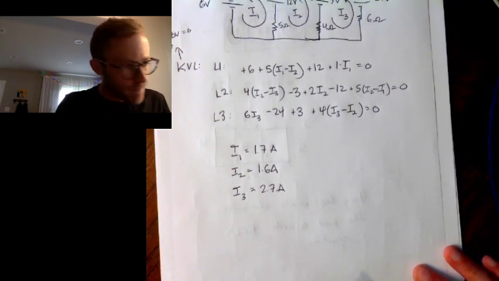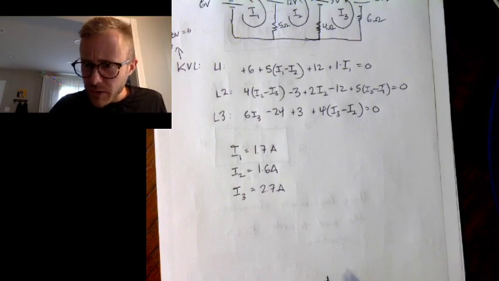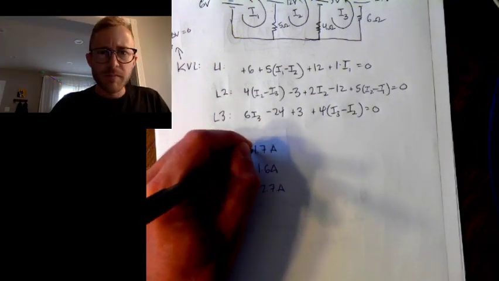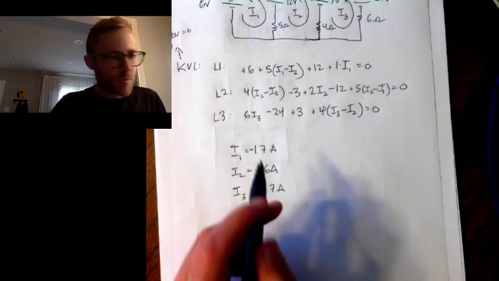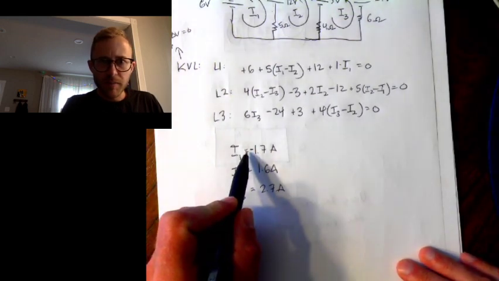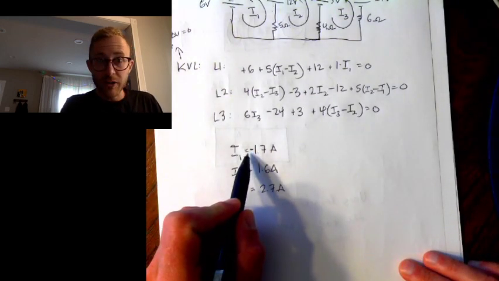So as you can see, oh, wait a second. Did I write these down correctly? I wrote one down incorrectly. So this is actually minus 1.7. Okay. So anyways, what is the significance of the fact that this was minus 1.7 amps?